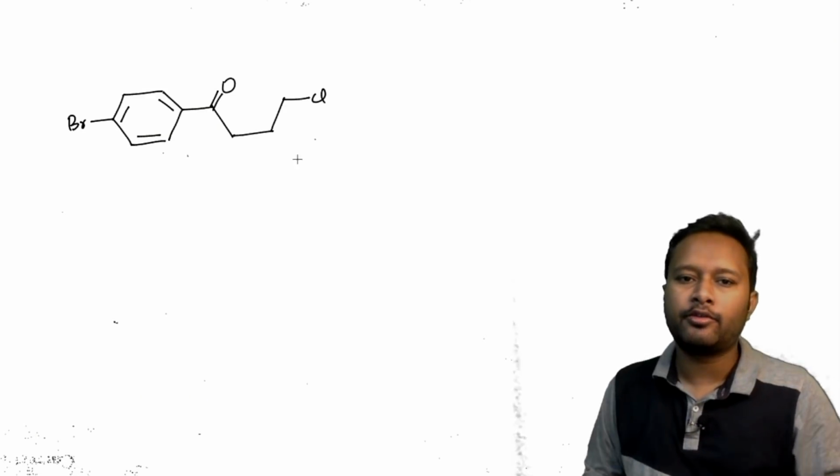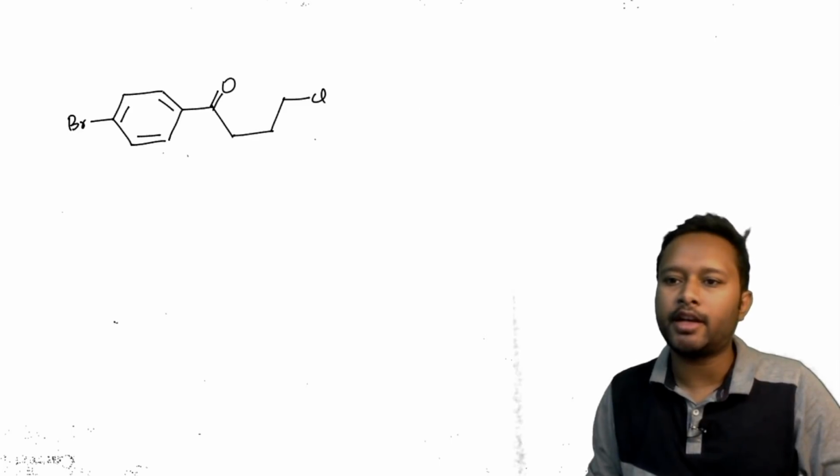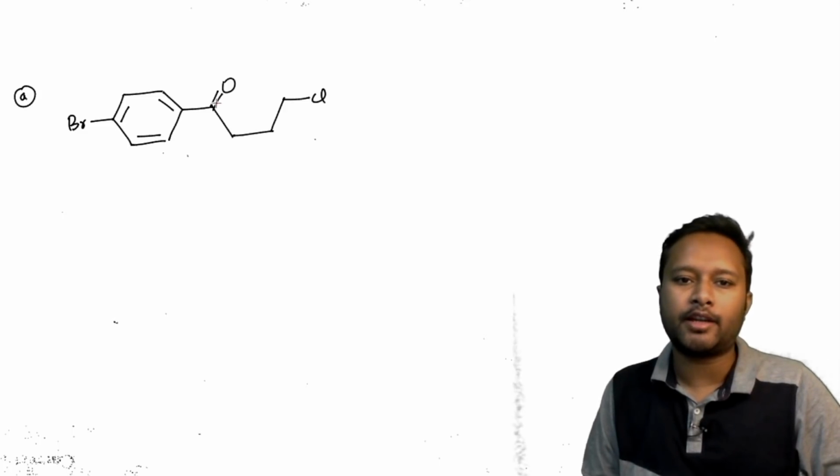Now let's look at this particular molecule which was our expected answer. This was your option number A, and let's look at the fragmentation over here. So you know that a particular molecule which has alpha, beta and gamma protons gives you McLafferty rearrangement. So that can happen in this case. So what will be the fragmentation over here?